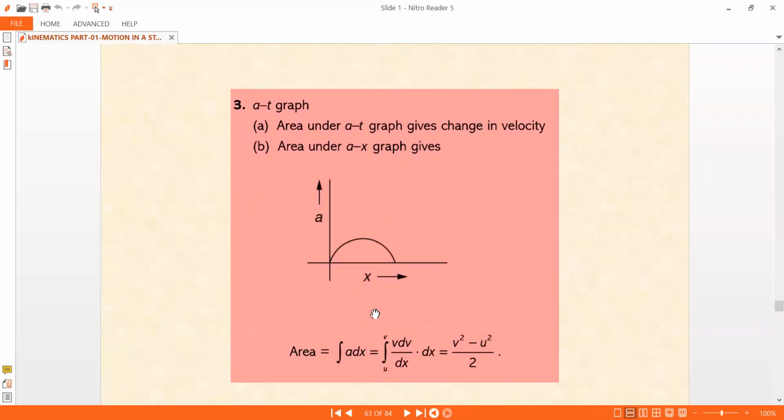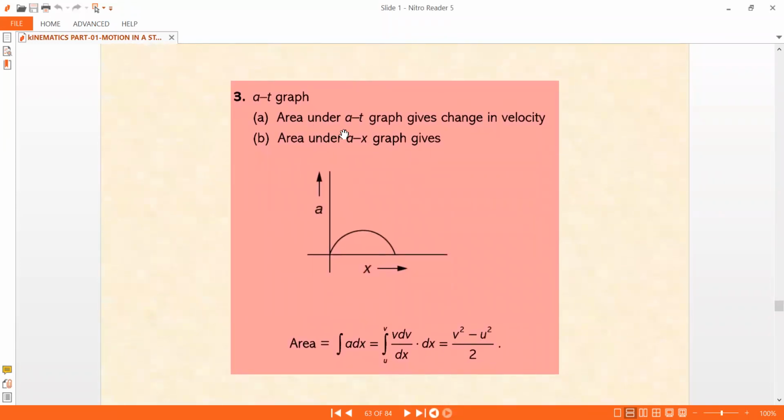The next one is the a-t graph, the acceleration-time graph. The area under the acceleration-time graph gives the change in velocity. Now the area under the a-x graph: when you take the a-x graph, the area is the integral of A into dx. But here is the crux. A is V into dV by dx, so dx you can take out.